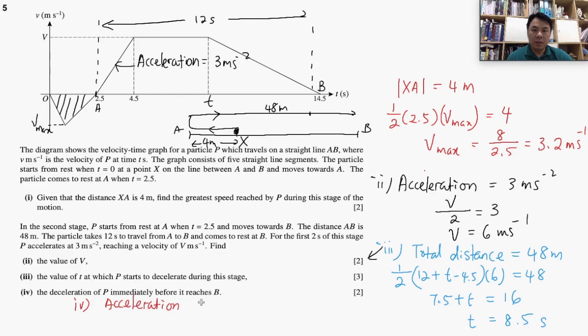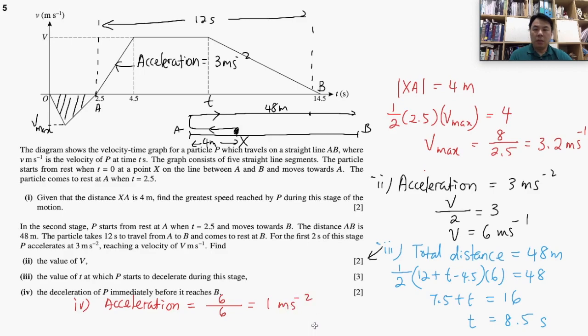Acceleration from here to here, acceleration is equal to rise over run. So the rise is V again, which is 6. And then the run is here, the difference between 14.5 and 8.5, which is actually 6 seconds. And that would actually give me 1 meter per second squared.